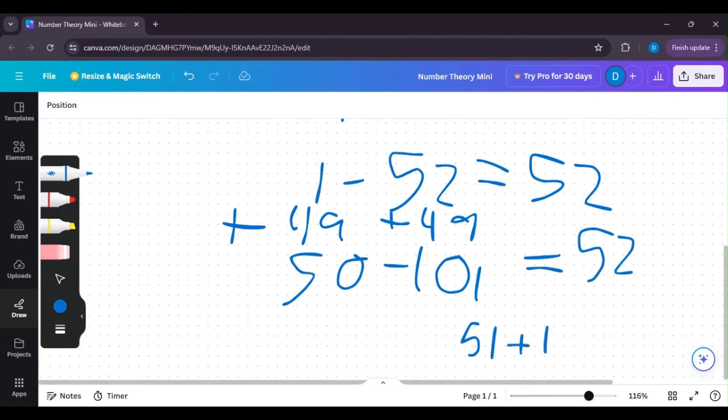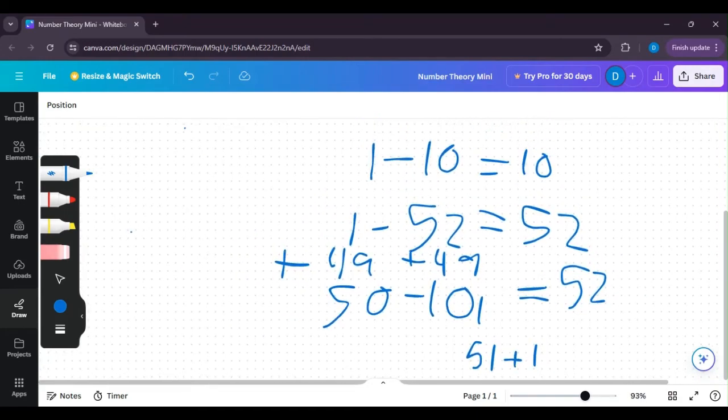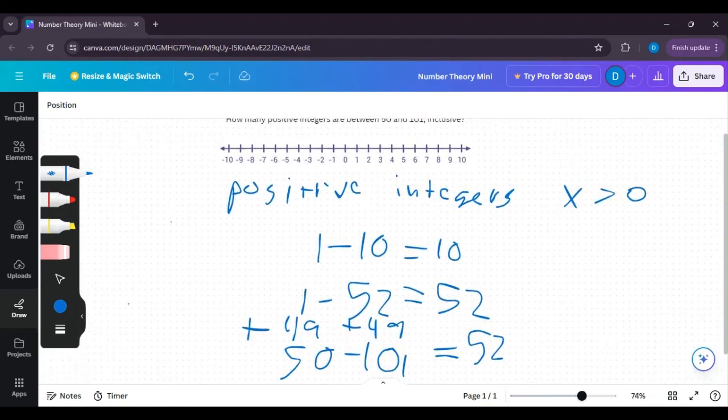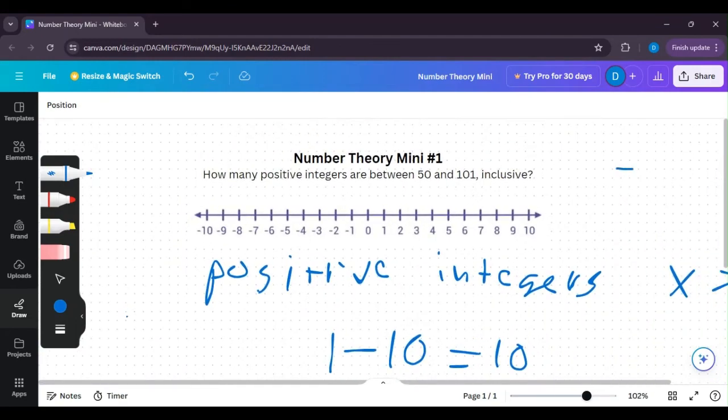So we just solved the problem. There are 52 integers from 1 through 52 inclusive, and 50 to 101 is also 52 integers inclusive. We're just counting the same list with larger numbers. So the answer to this problem is 52. And that concludes the first number theory mini.